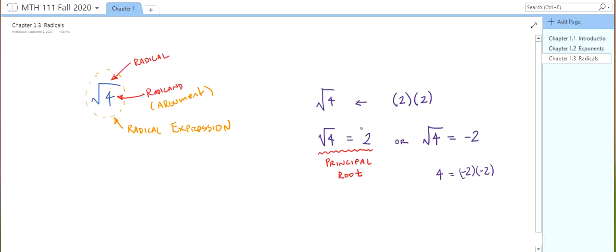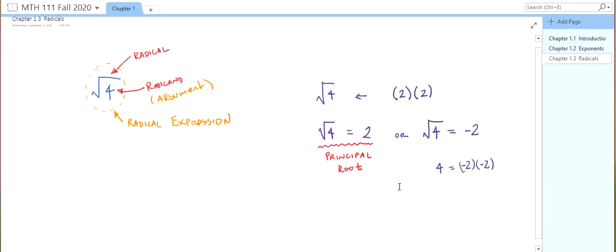Like if you use your calculator and you take the square root of 4, it's only going to give you one number. It's going to give you 2. It gives you the principal root. So keep in mind, though, that minus 2 is another solution to this. And we're going to see that sometimes we have to consider more than just the principal root in future lectures.